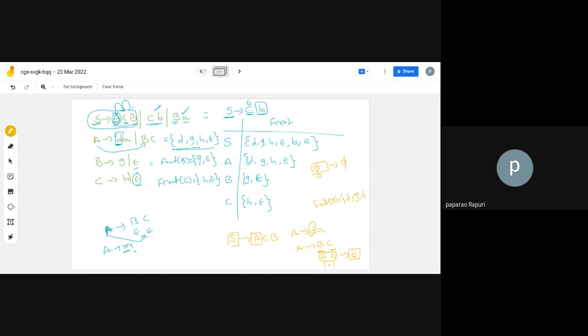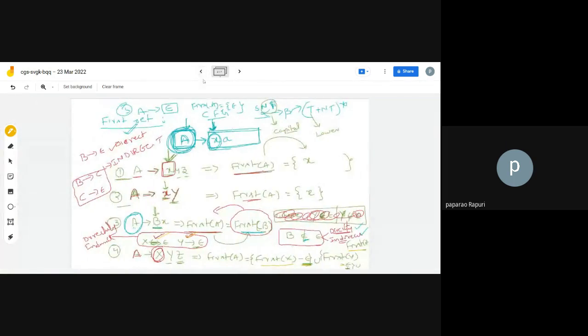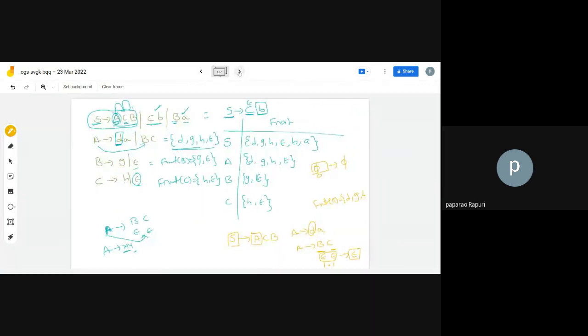So in the fifth rule, what we discussed: if any production directly or indirectly produces epsilon, the first of A has epsilon. So we need to add that one also, epsilon, sir.